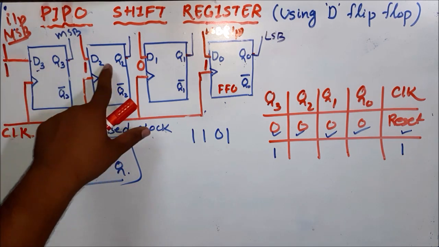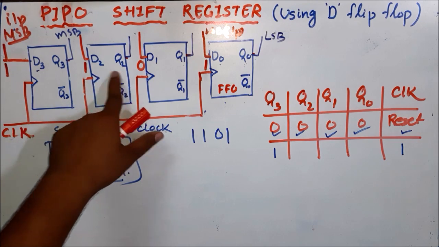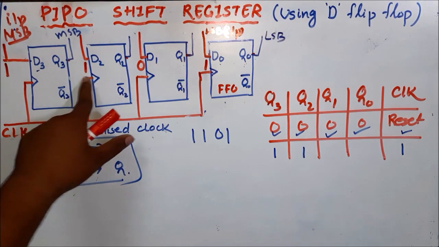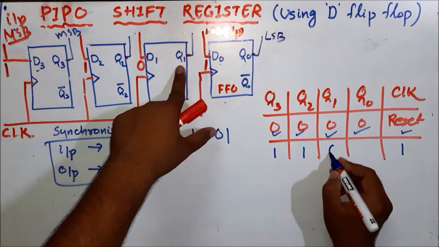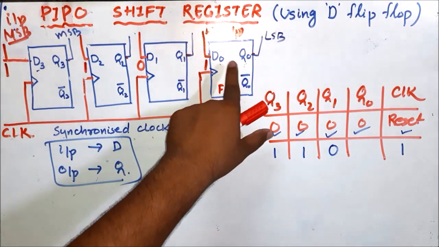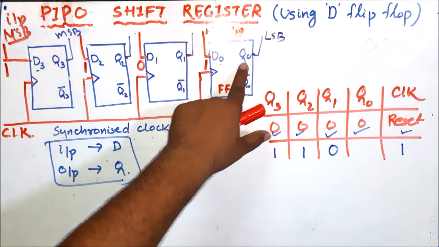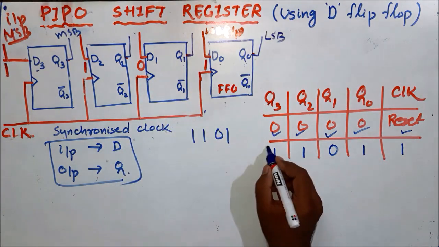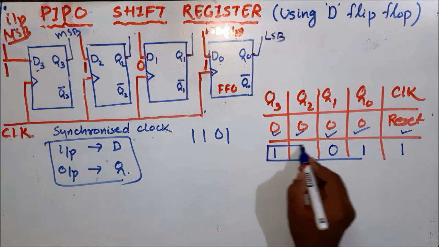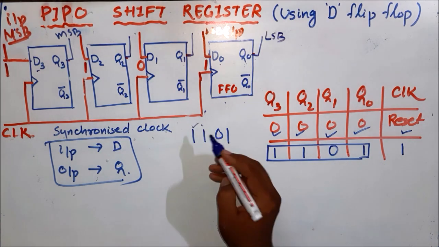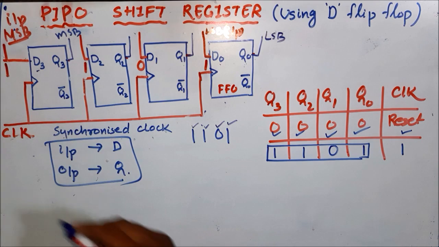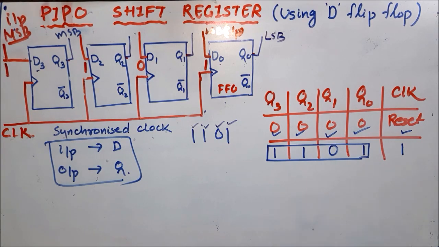For this flip-flop, D2 becomes Q2, so Q2 becomes 1. Again for this flip-flop, D1 becomes Q1, so Q1 is equal to 0. And for this flip-flop, D0 becomes Q0, so Q0 is equal to 1, which is nothing but my data. So it is clear that to store 4-bit data in PIPO, we need 1 clock pulse.